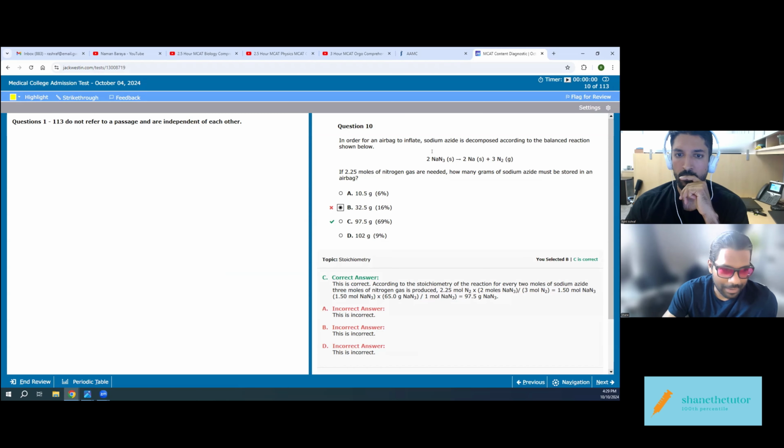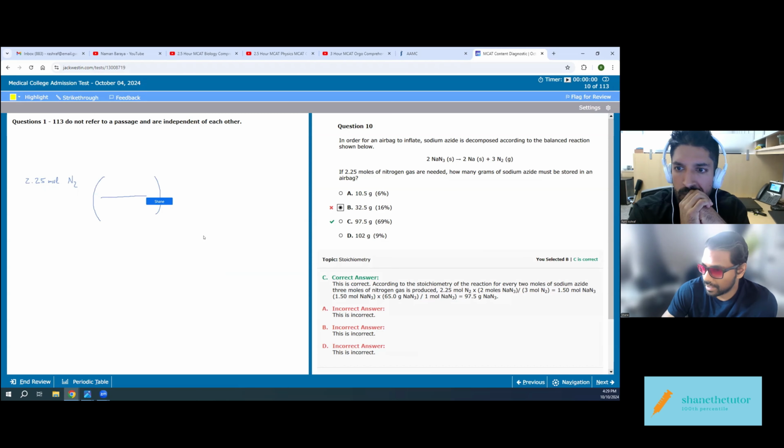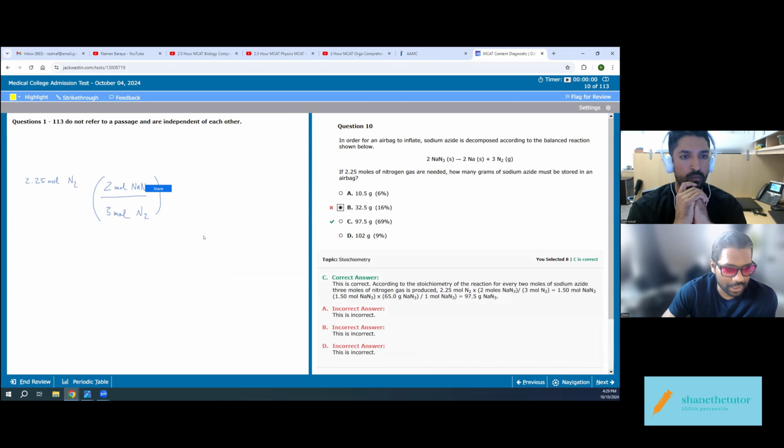So basically, we can do 2.25 moles of N2 gas, and then we write the mole ratio. For each 3 moles of N2 gas, we should have 2 moles of sodium azide, right?